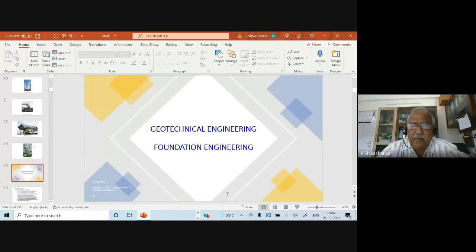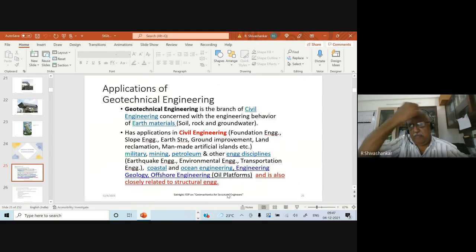I'll just briefly brush up some aspects of geotechnical engineering, particularly the foundation engineering. So, geotechnical engineering deals with soil, rock, and groundwater.